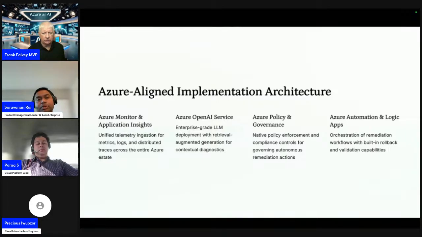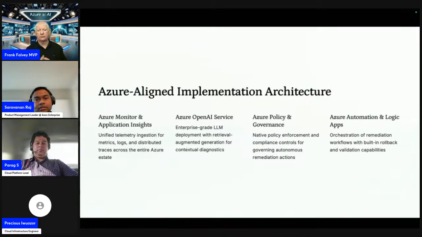The second step would be the OpenAI service itself, and it could be Semantic Kernel, but you need an enterprise-grade LLM that constantly looks at these signals and looks at retrieval augmented generation, RAG, as well, for contextual diagnostics. And the RAG model may consume inputs not only from the monitoring system, but also from historical incidents and outages.